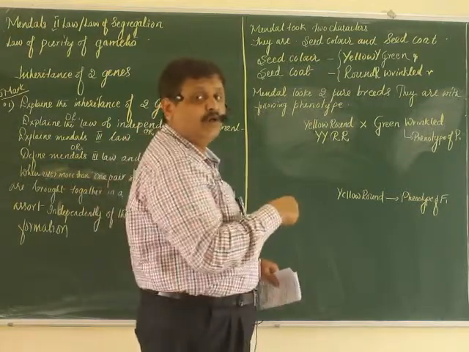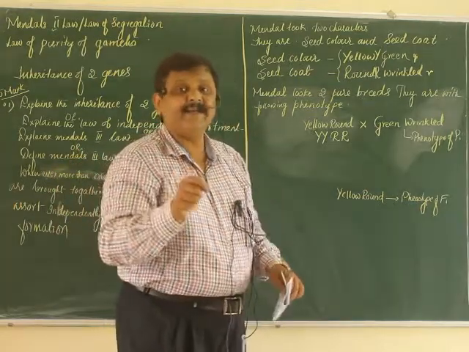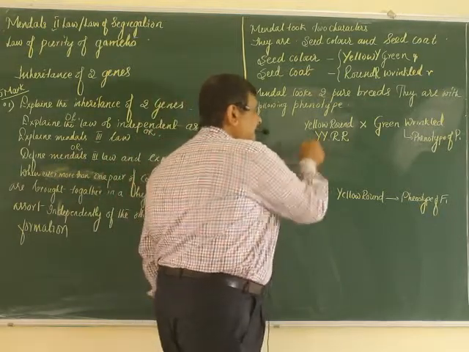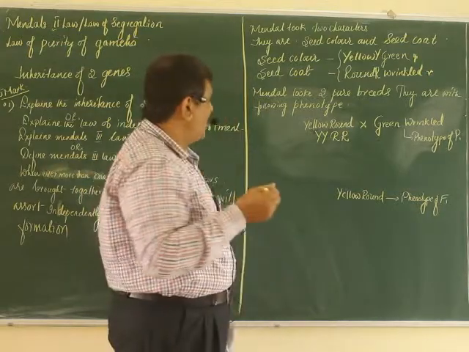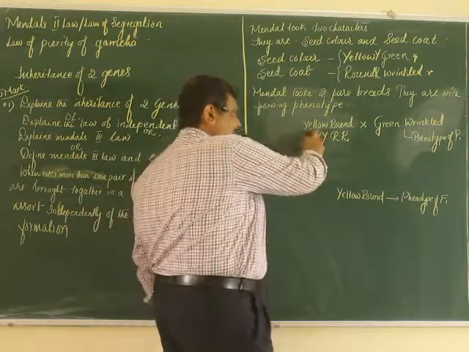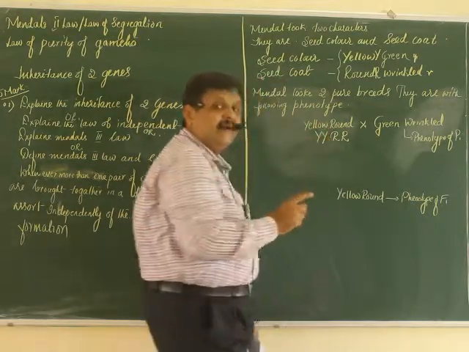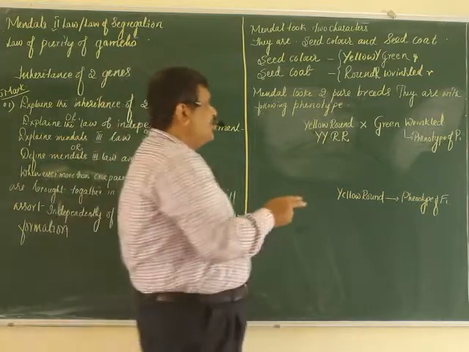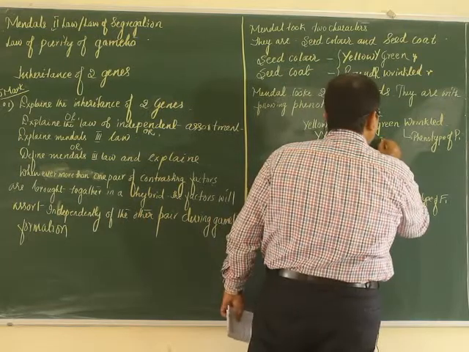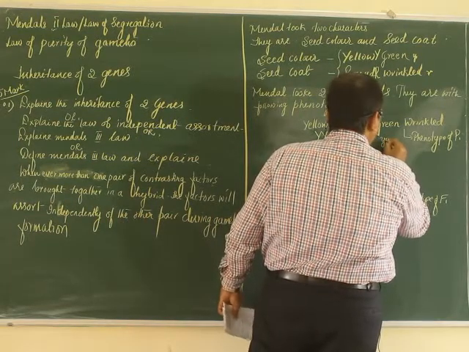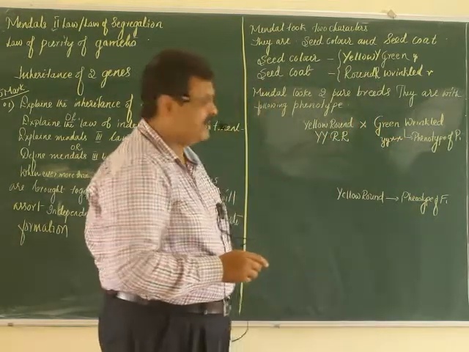Why did sir write capital Y, capital Y, capital R, capital R? That is because every character has 2 alleles. Remember, every character has 2 alleles. There are 2 characters we took because it is a dihybrid cross. Here we consider 2 characters together. So I wrote capital Y, capital Y, capital R, capital R. So what can I write here? Small y, small y, small r, small r. Is it clear?